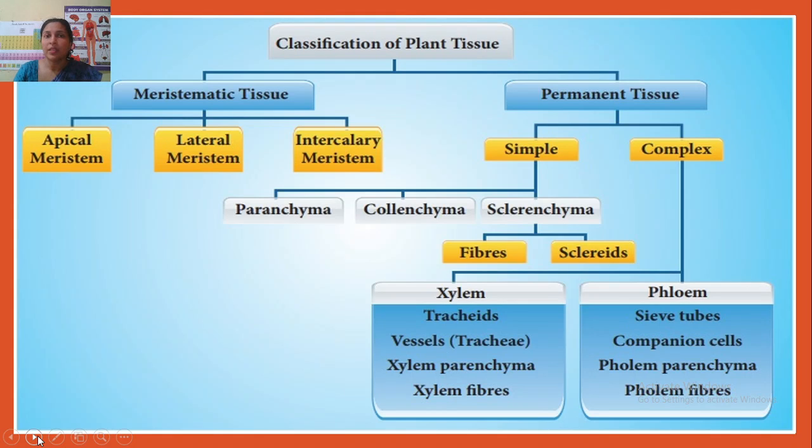Depending on whether the cells are dividing or not. The meristematic tissues contain cells that are actively dividing. On the other hand, the permanent tissues contain cells that are not involved in dividing.